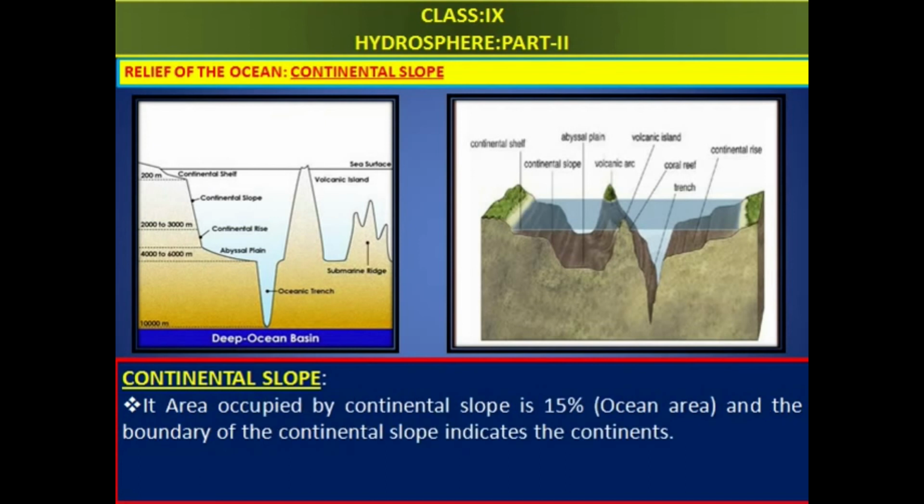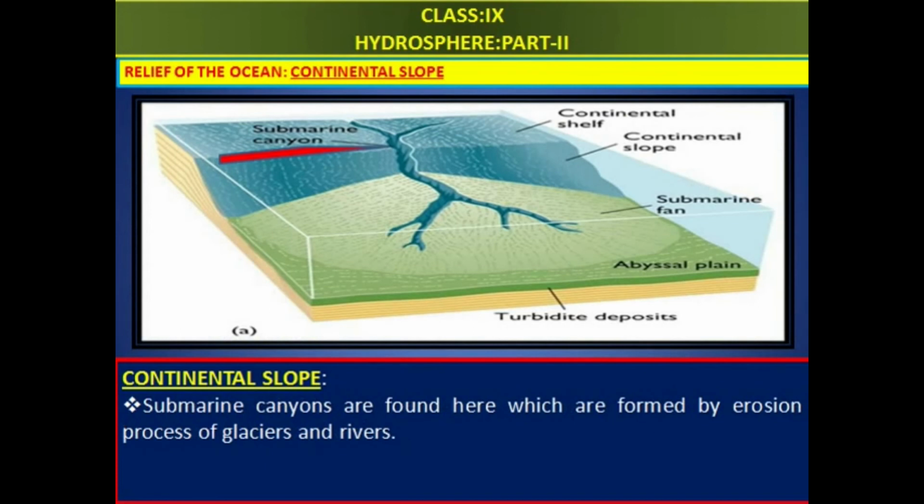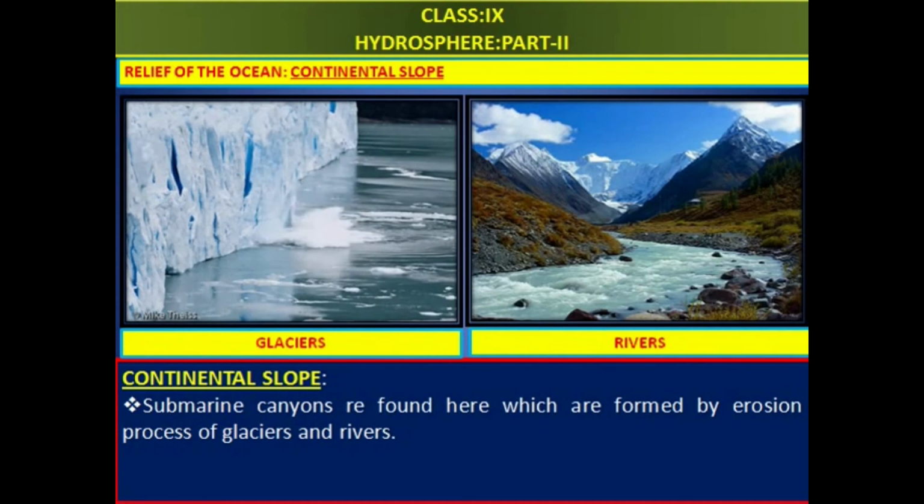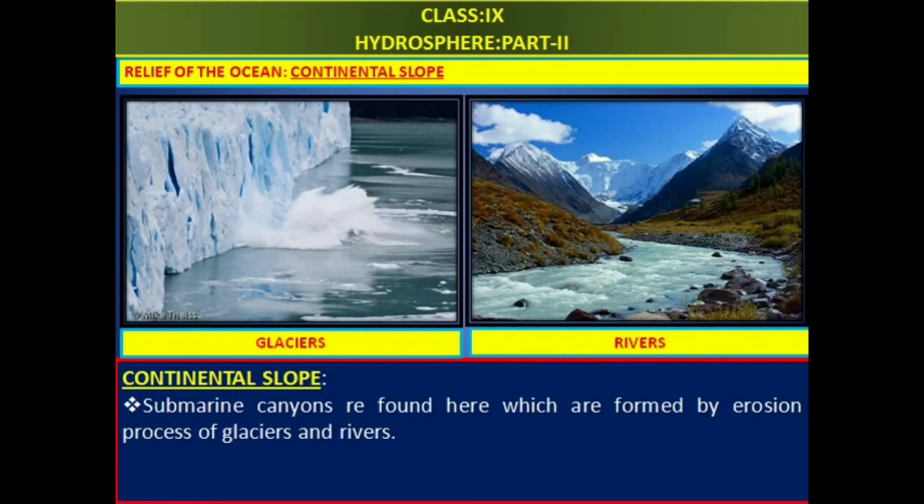The area occupied by the continental slope is 15% of the ocean area and the boundary of the continental slope indicates the continents. Submarine canyons are found here, which are formed by erosion process of glaciers and rivers.